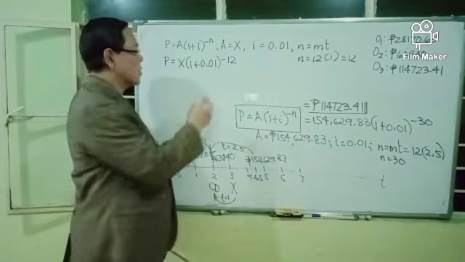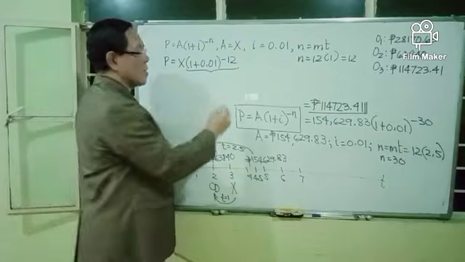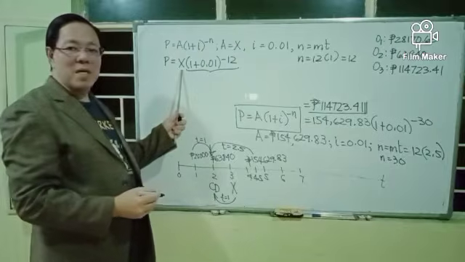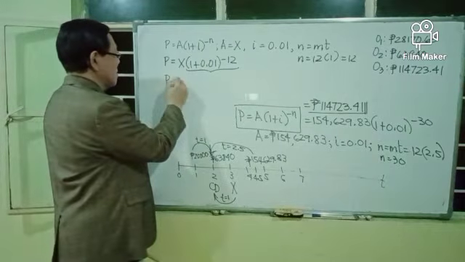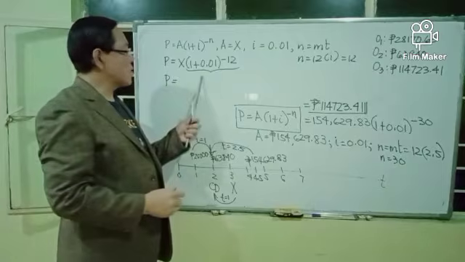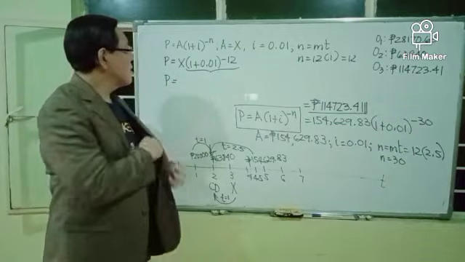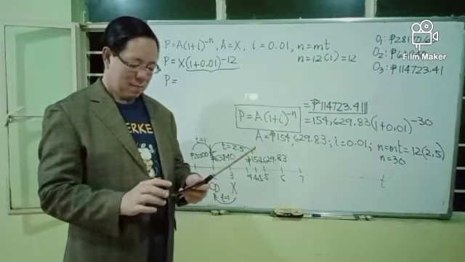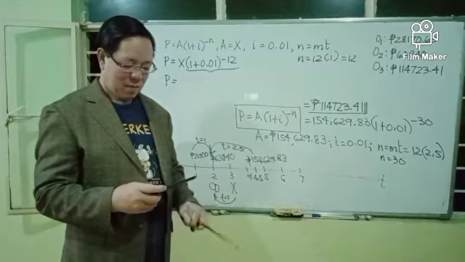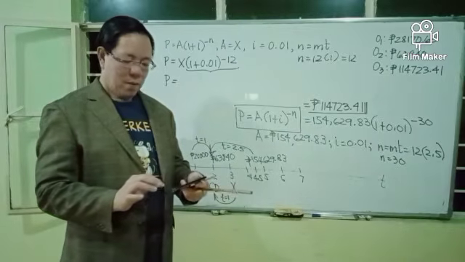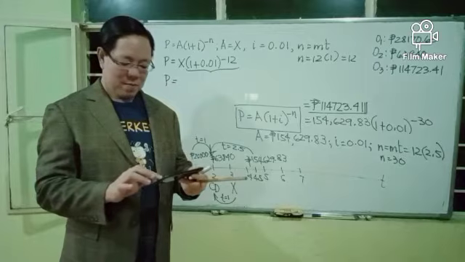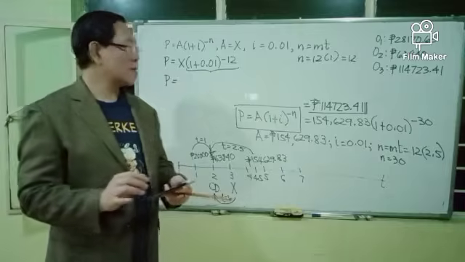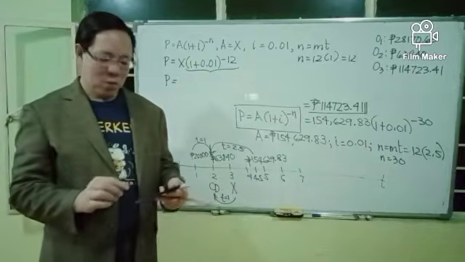Now, you can only compute this value in your calculator. And when you compute this value in your calculator, just multiply it by x. We compute this using our calculator. We have 1 plus 0.01, 1.01, and that answer you raise to the power negative 12.